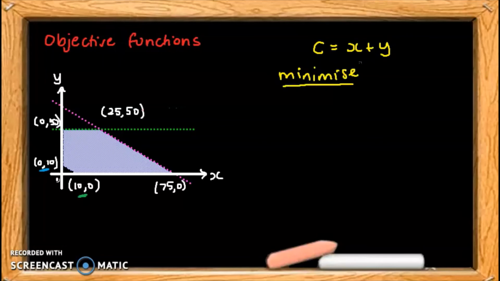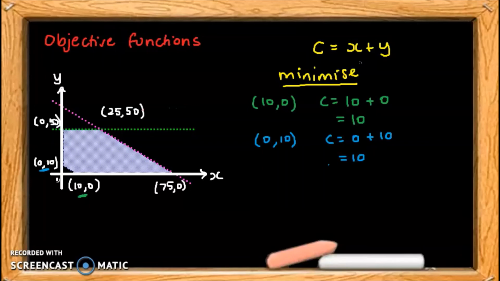It's similar to our last example, and we're probably going to be looking over the left-hand side or the bottom of this graph to find our points. If we substitute in the point at 10 and 0, then C will be my x value, which is 10, plus my y value, which is 0, and that'll be 10. Now let's have a look at the next point, 0 and 10. Well, C will be my x value, which is 0, plus my y value, which is 10, which is also 10.